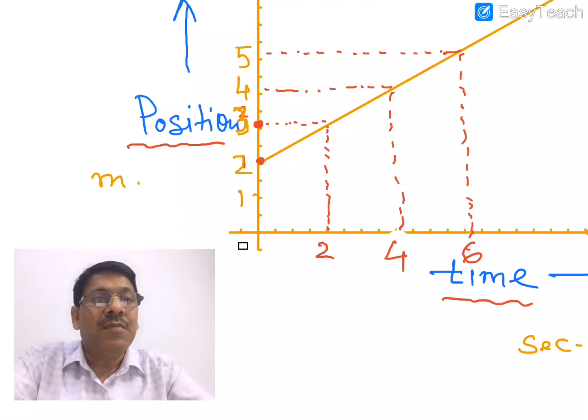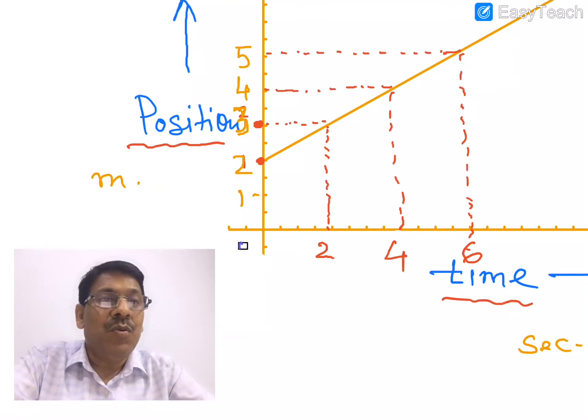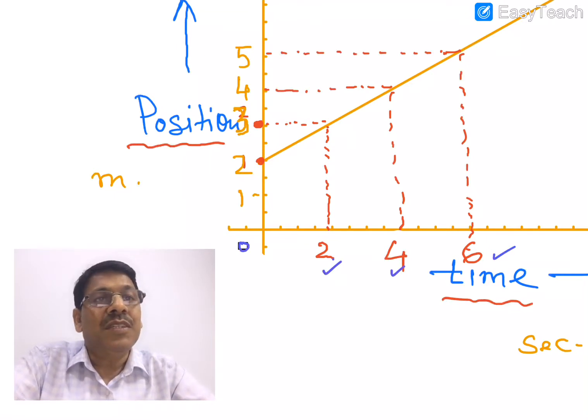The start point is O, and on the x-axis there is time in seconds: 2 seconds, 4 seconds, 6 seconds.